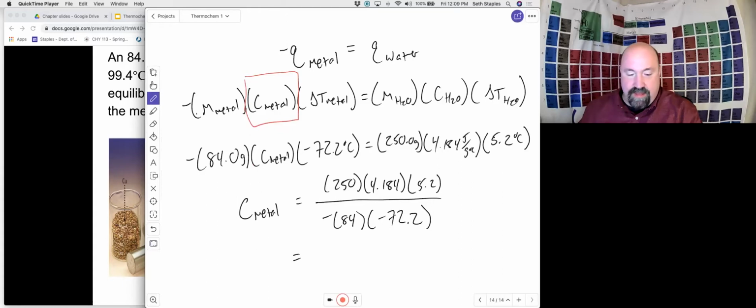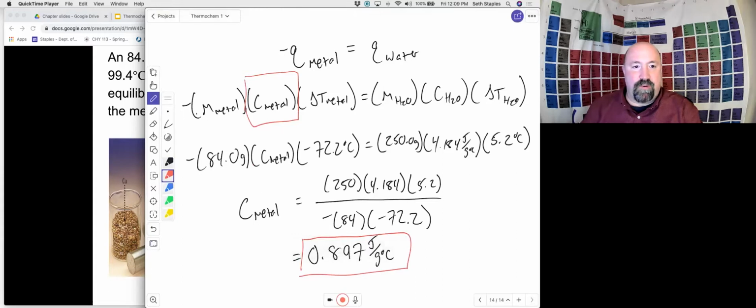We put this into our calculator and we come up with an answer of 897. The units for this would be joules per gram degree C. And so that's the specific heat of this unknown metal.